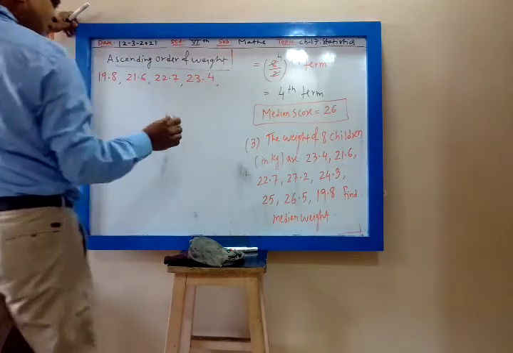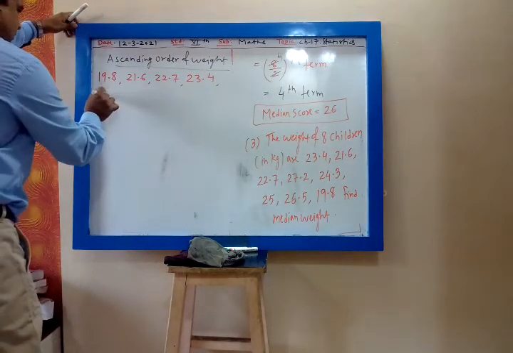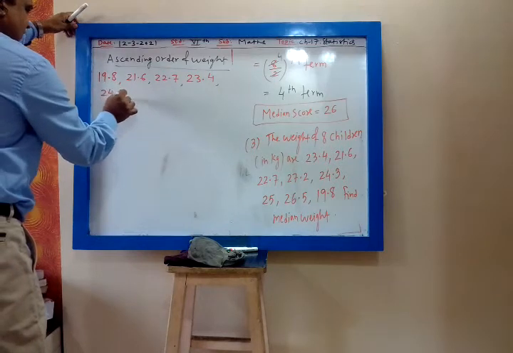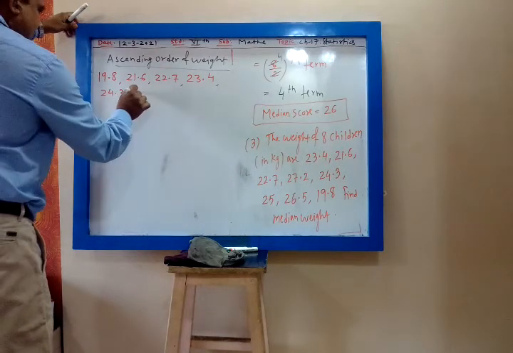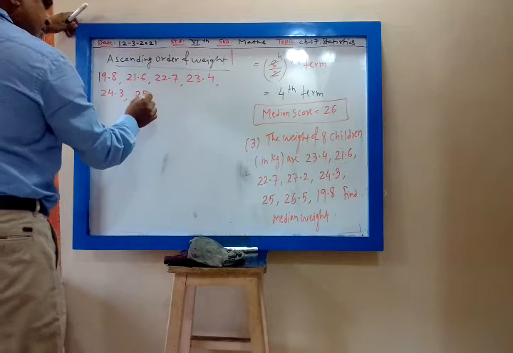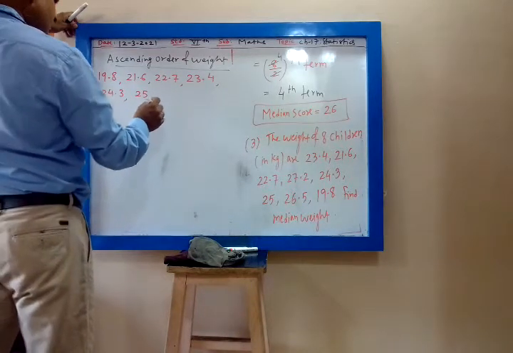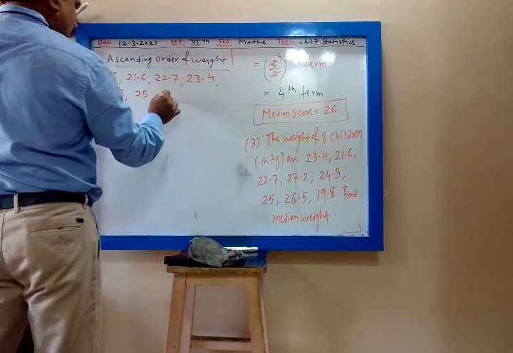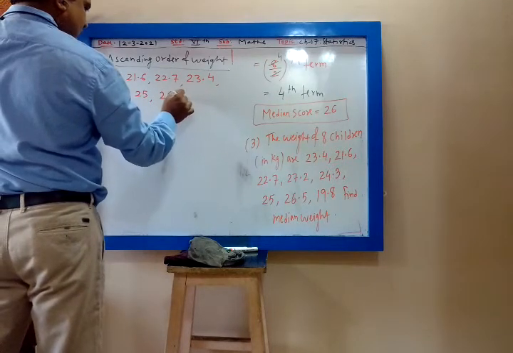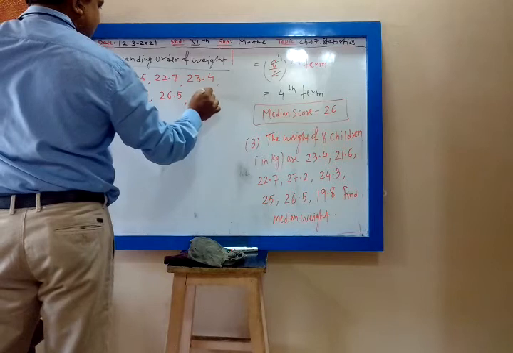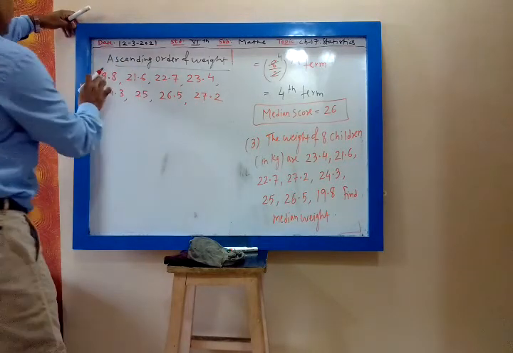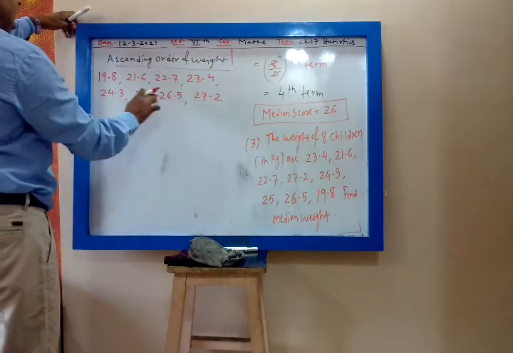After that 24.3. Then 25, then 26.5, then 27.2. So now this much data is given: 1, 2, 3, 4, 5, 6, 7, 8.